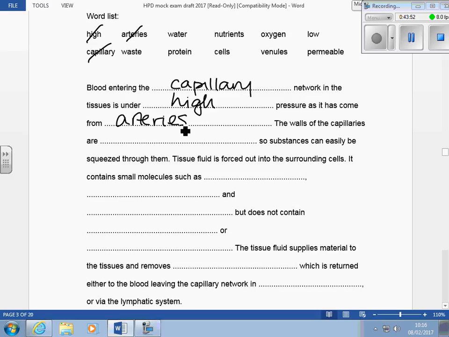The walls of the capillaries are permeable, so substances can easily be squeezed through them. Tissue fluid is forced out into the surrounding cells.